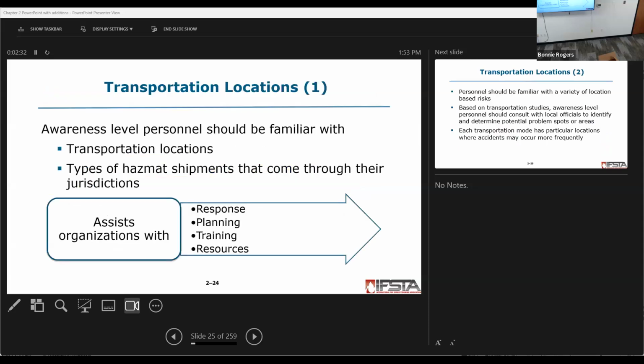So at the awareness level, you need to have an idea of what's transportation. Where's the railroad?